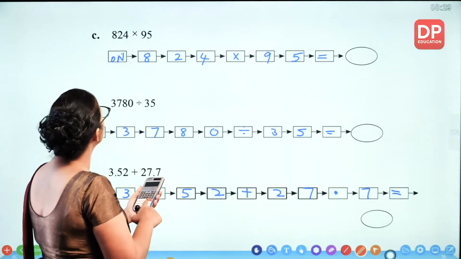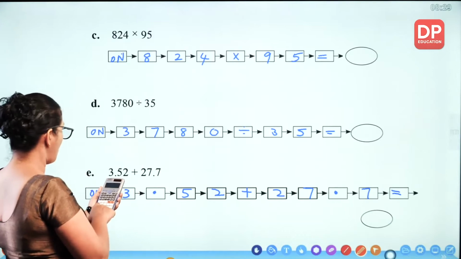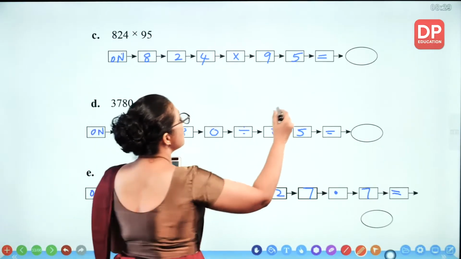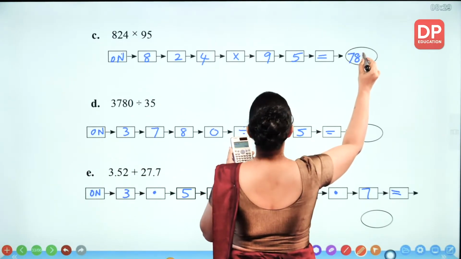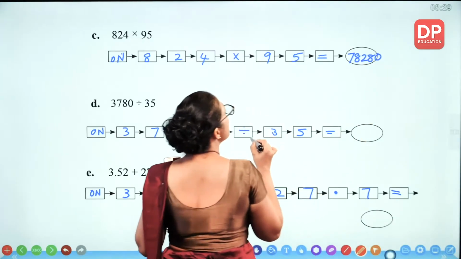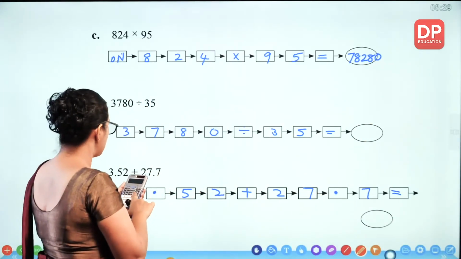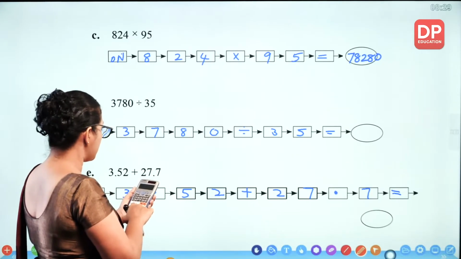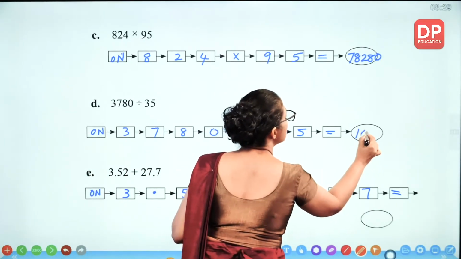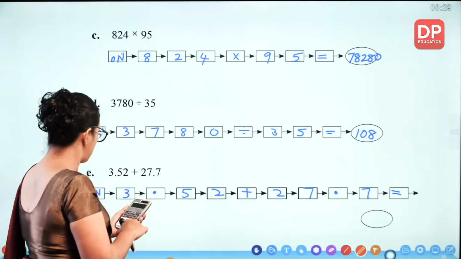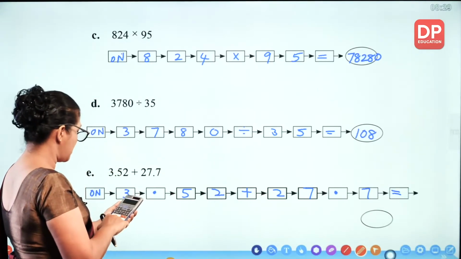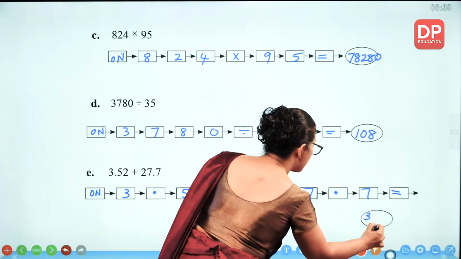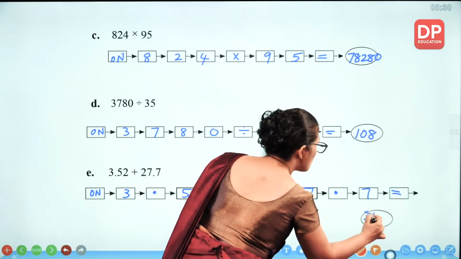What are the answers? 824 multiplied by 95. 78,280. This one, 3,780 divide by 35. 108. 3.52 plus 27.7. Answer is 31.22.